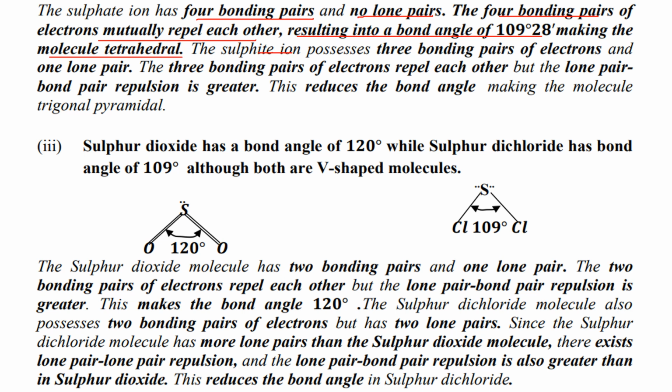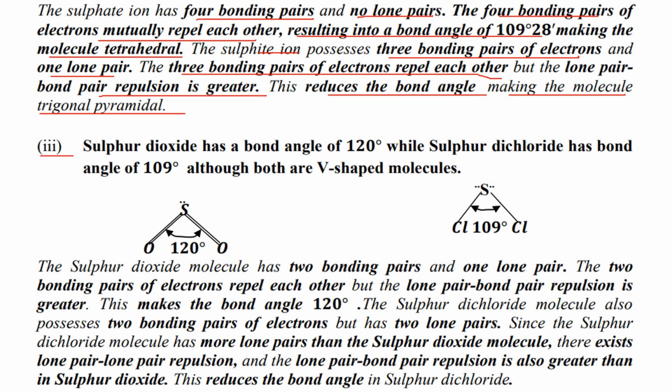But the sulfite ion, we have seen that it has only 3 bonding pairs of electrons and 1 lone pair of electrons. And with that, you're going to say that the 3 bonding pairs of electrons repel each other, but the lone pair to bond pair repulsion is going to be greater. And with that, this is going to reduce the bond angle in the sulfite ion, making the whole molecule trigonal pyramidal.